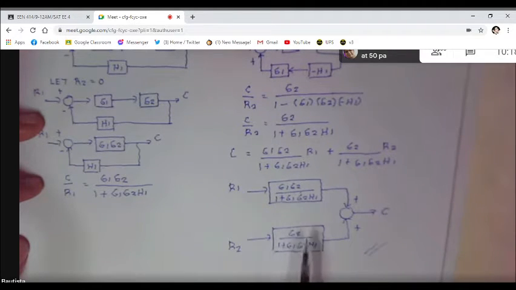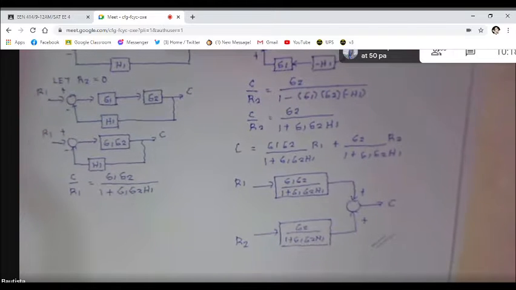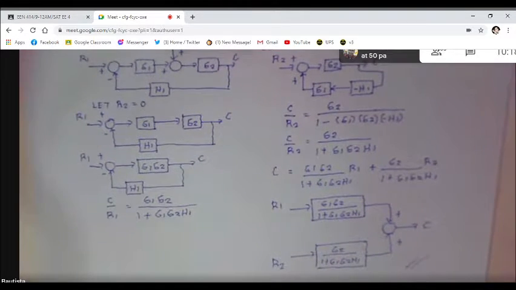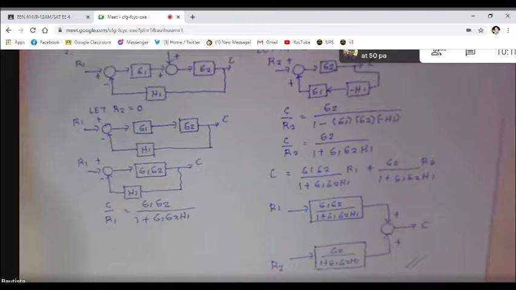So, nandiyan lahat yan. Okay, so that's your multiple input, single output.